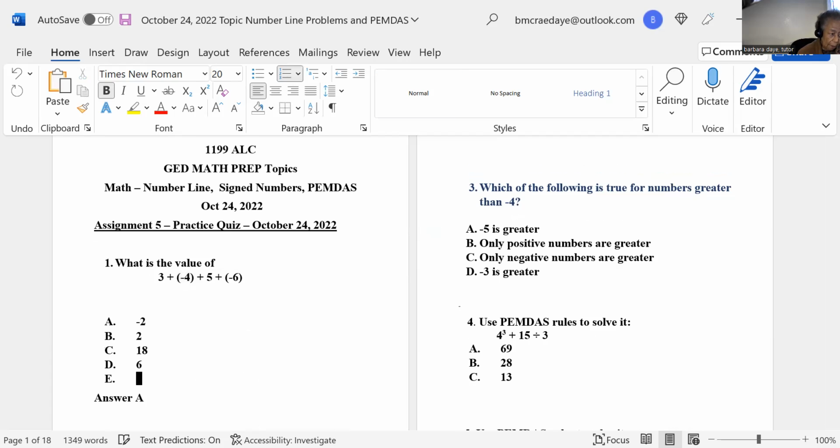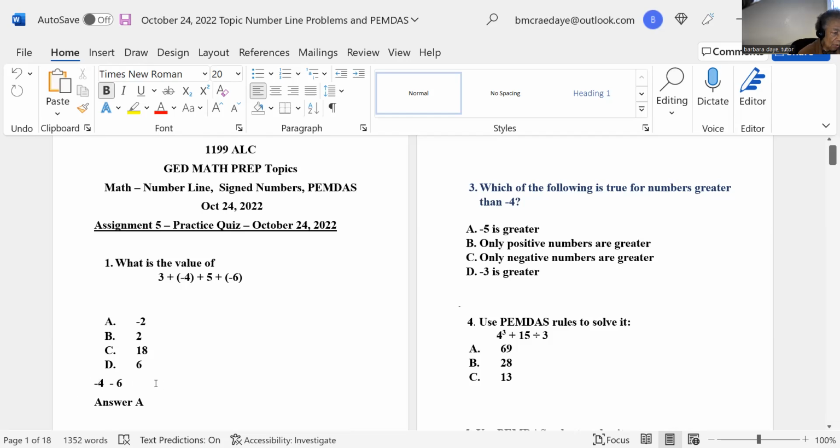You could have said -4 plus -6. I don't need a plus here because I'm adding these two, -4 and a -6, and I don't need a parenthesis here.